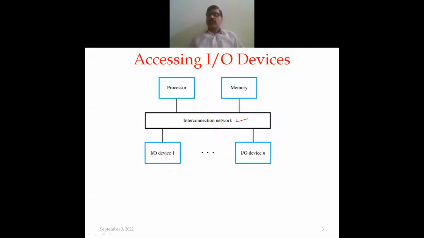For example, here we have IO device 1, IO device 2, IO device 3, and so on, n number of IO devices. These IO devices are connected to the processor via an interconnection network, similar to how memory is connected through the memory interfacing network.